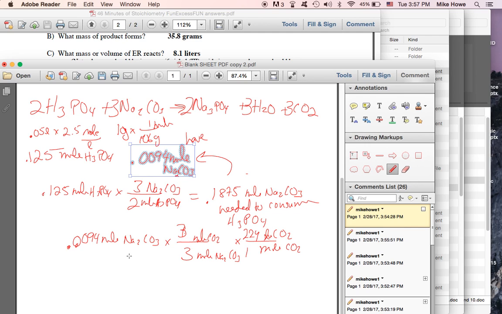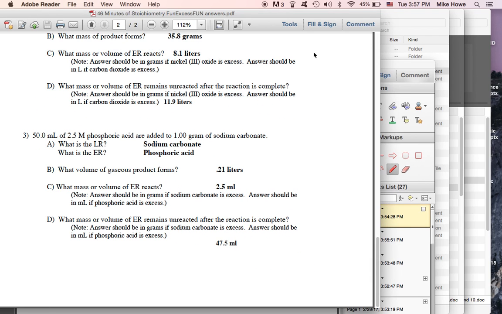So then 0.0094 times 22.4 is 0.21. So our final answer equals 0.21 liters of CO2. And that's what it says would be produced if you toggle back over here to the question sheet, 0.21 liters. I gave you the answers.